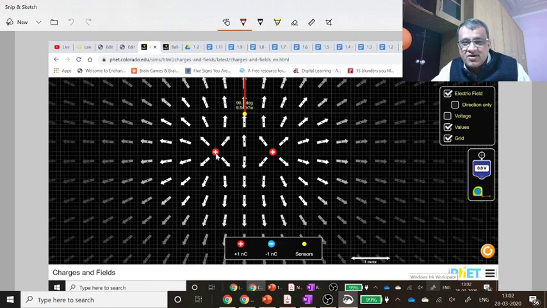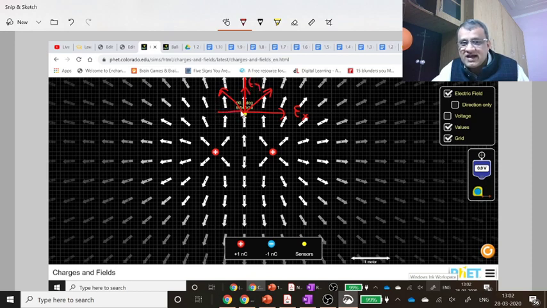Because of this plus charge, there would have been a field in this direction. We saw it just now. Due to this plus charge, there would have been a field in this direction. Now this one will have two components, this x component and this y component.